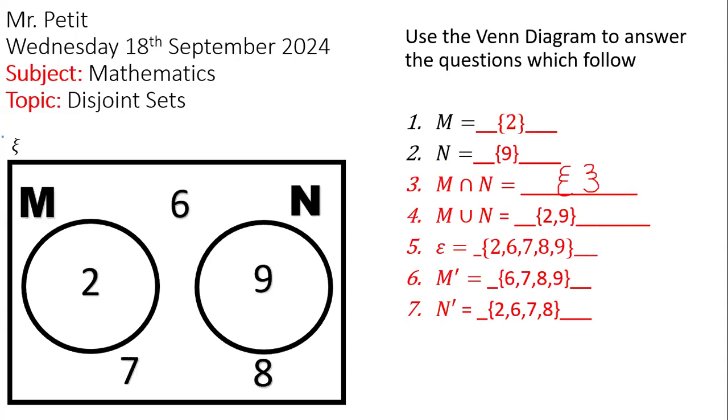Do you understand what we did so far? Yes, sir, I do understand. You do understand, okay. Did you take a picture of your work and send it to me?